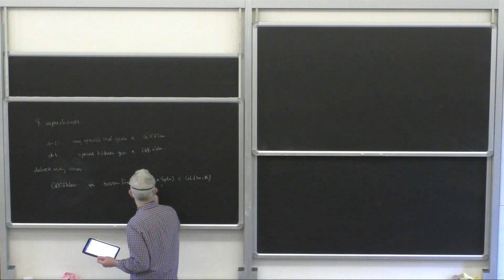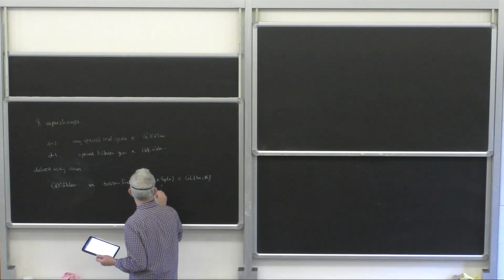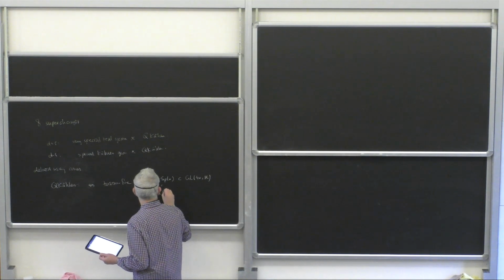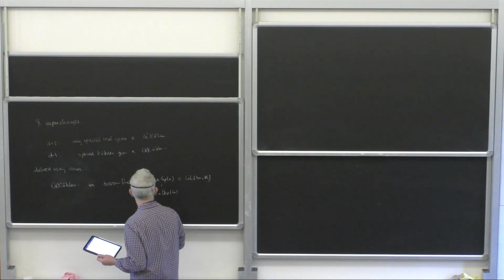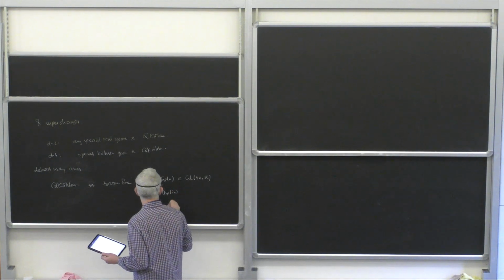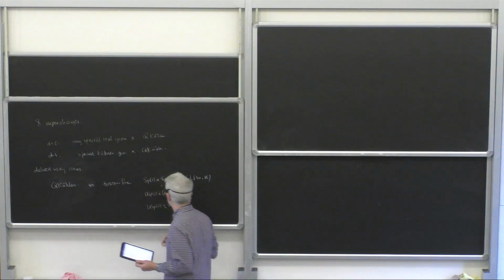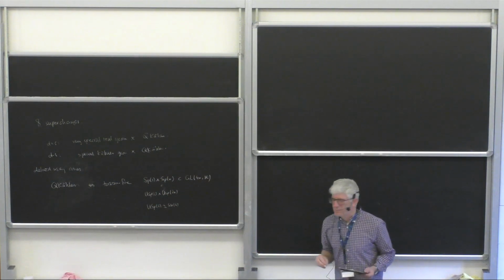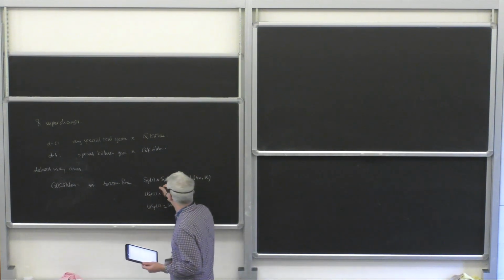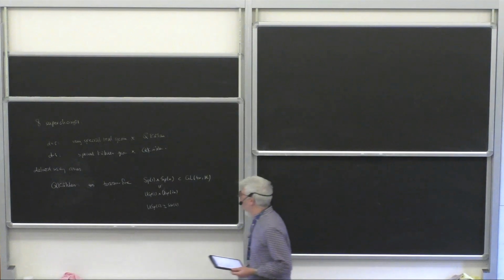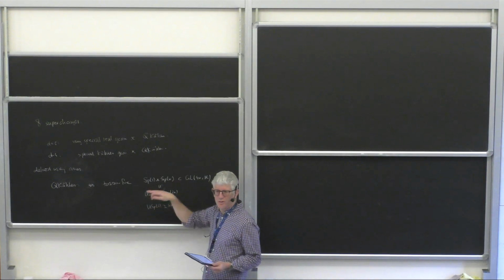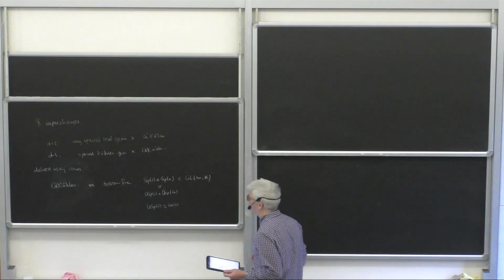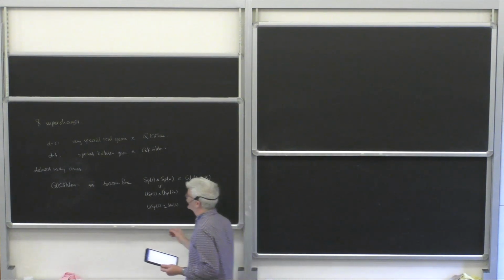Physicists sometimes write this as USp(2) times USp(2n), and USp(2) is actually just the same as SU(2); they're isomorphic to each other. These USp matrices are both unitary and symplectic. So that's one way to think about it.